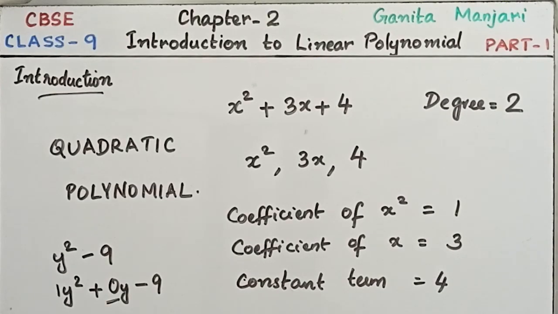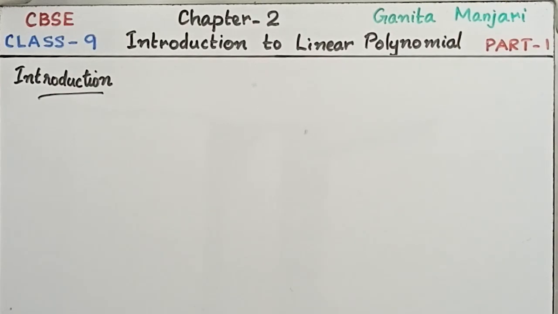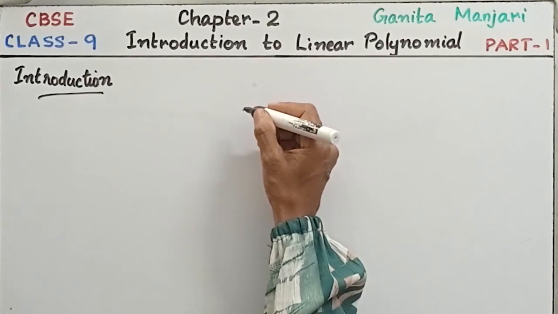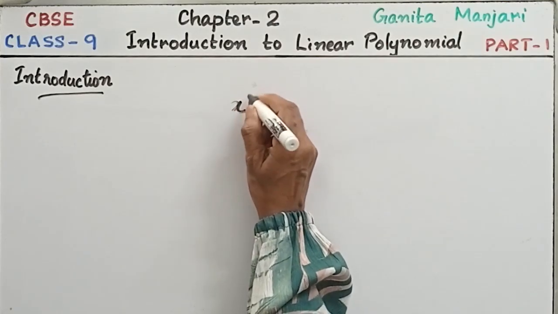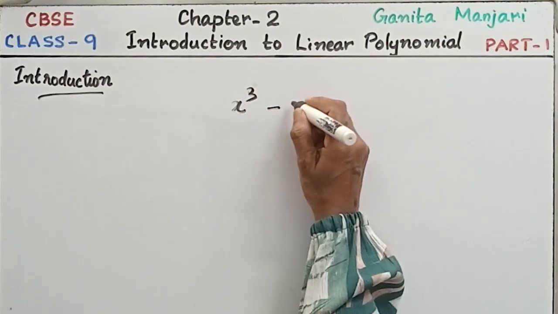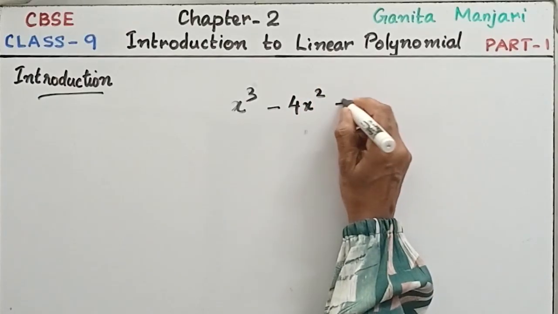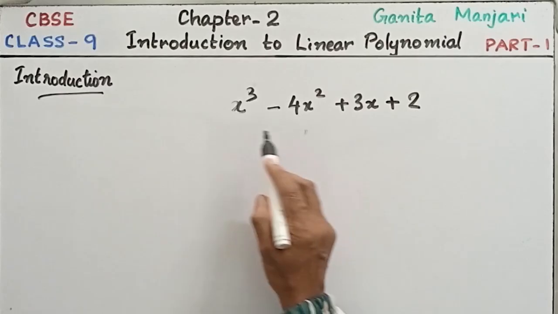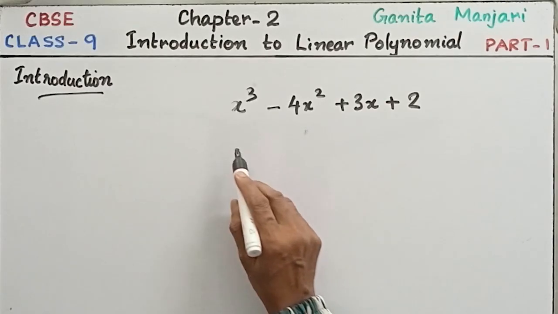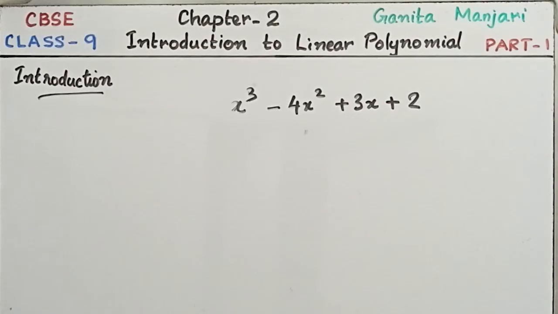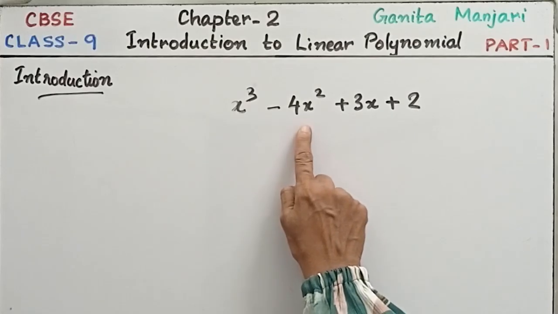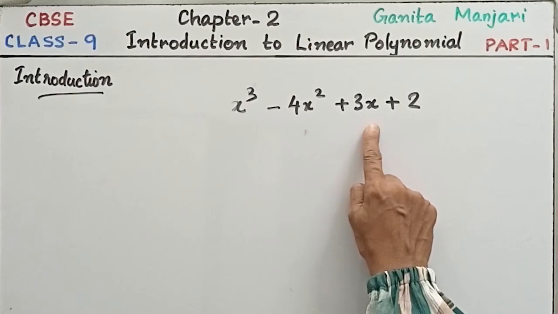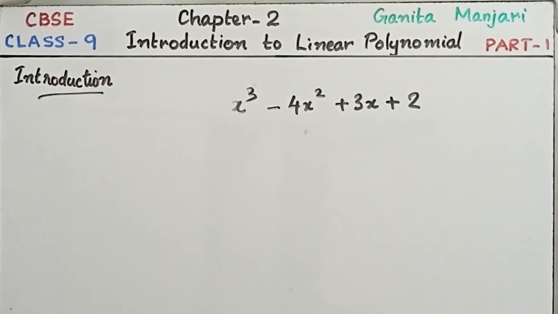Hope it's clear. Let's take some more examples of algebraic expressions. x cube minus 4x square plus 3x plus 2. See, it has 4 terms and the variable is x. The first term is x cube, the second term minus 4x square, the third term 3x and the last term is 2.